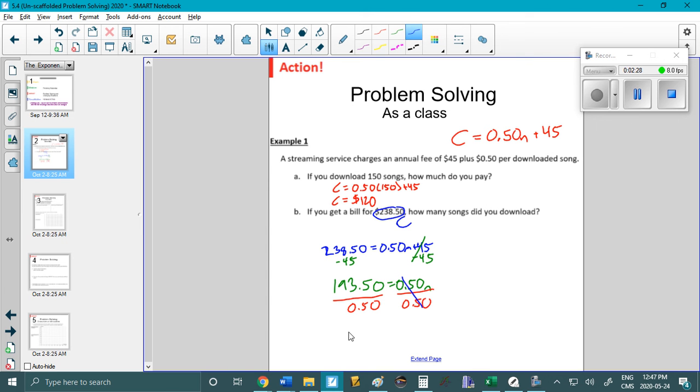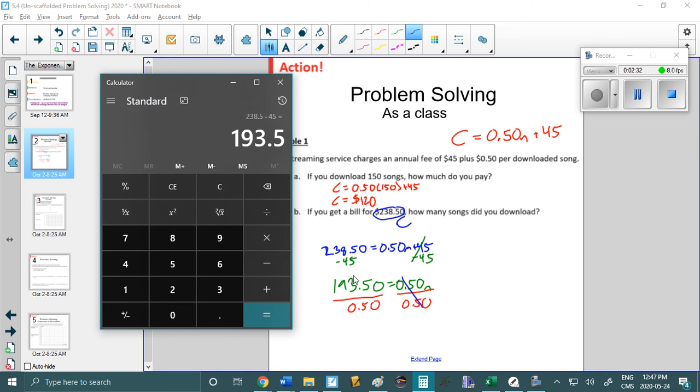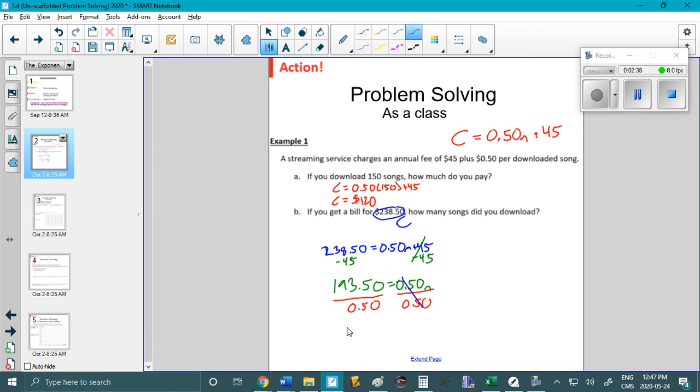It's the same thing, right? So I'm hoping that you're starting to see why we divide by the rate of change all the time. Because in real life context, it actually does make sense. So we got 387. So n equals 387 songs. Pretty sweet. That's a lot of songs.